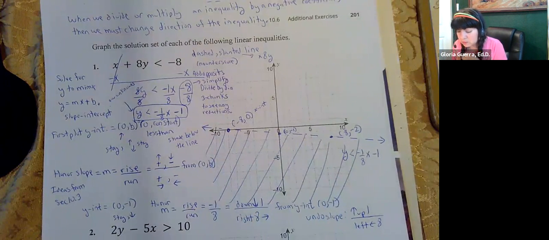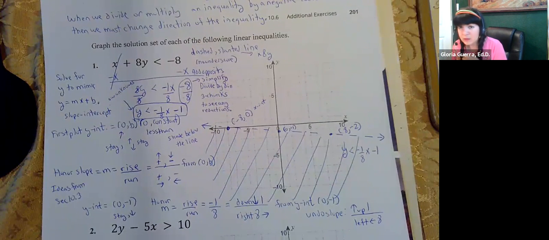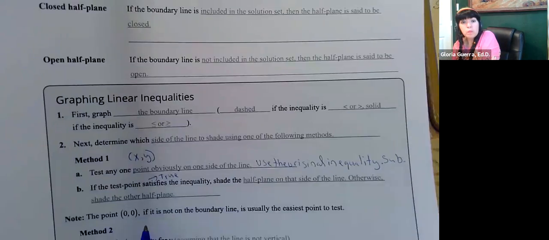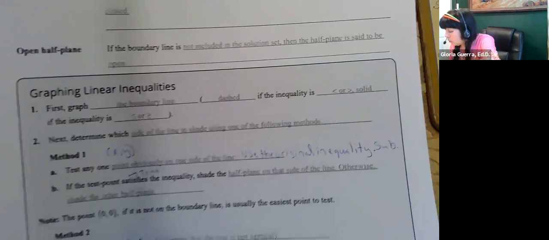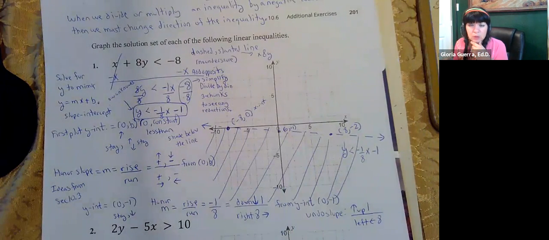They say that 0, 0 is the easiest point to choose. Okay. Which is right here, but it's just not in the shaded region.